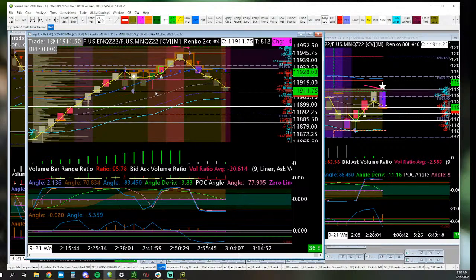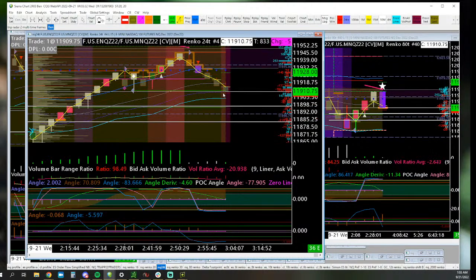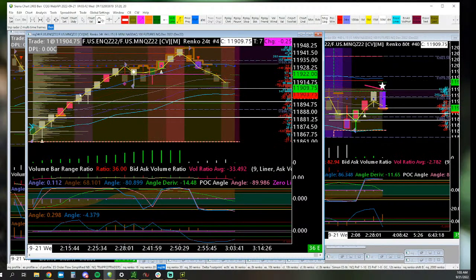But the problem is it appears that while it's working well here, it's telling me not to short when it appears that it's a pretty okay place to short, right? And looking down here, this is a little bit oversold. I guess this one's pretty oversold. But why did this say don't buy is what I want to know.